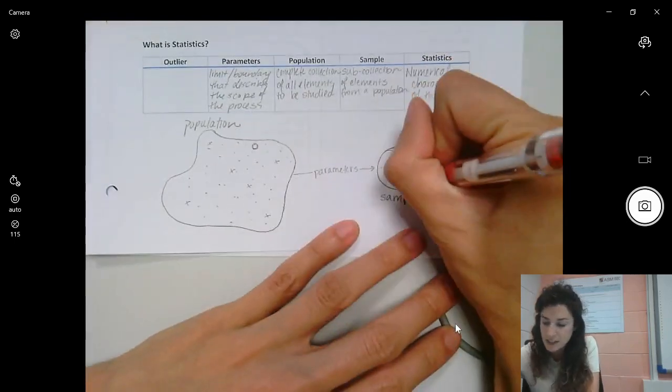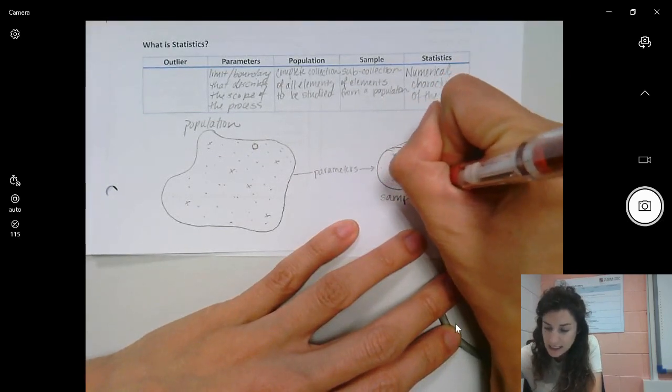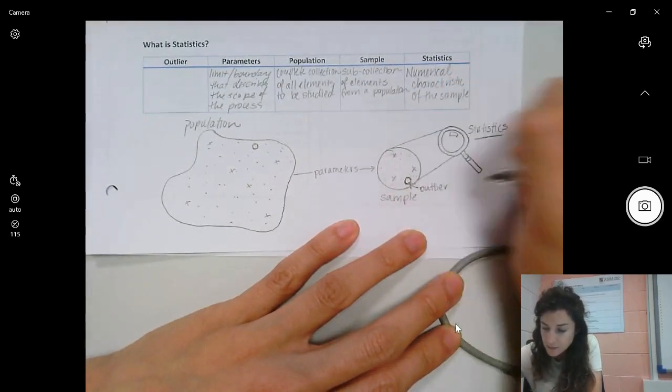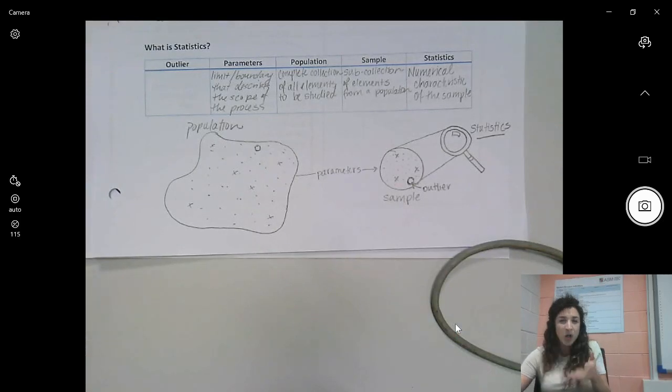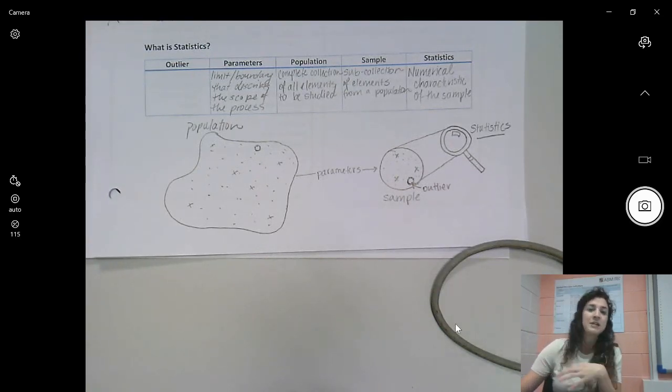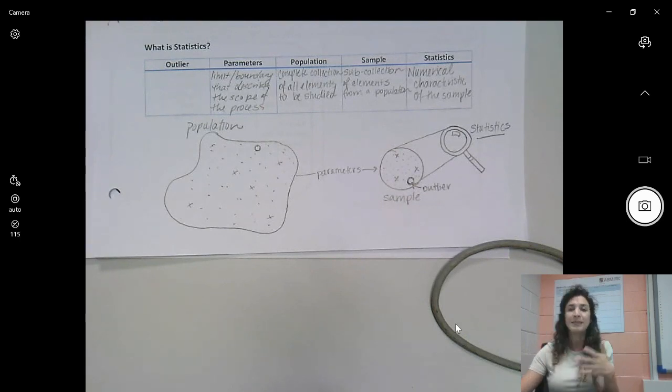So sometimes you have this one piece of data that's a little bit distracting from the rest of the data. And we call this an outlier. Now, is it still a true piece of data from the population? Absolutely. But sometimes when we use that piece of data in order to make inferences for the population, it could misrepresent what's actually going on in the population.